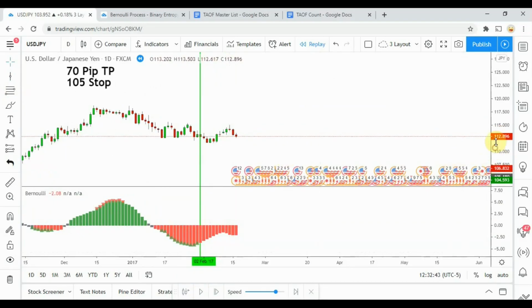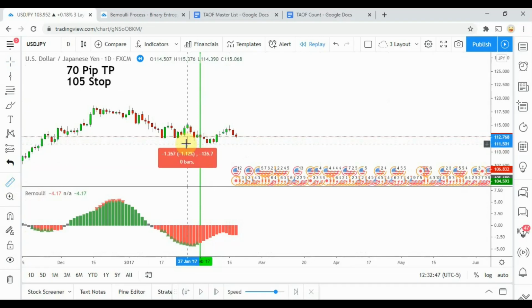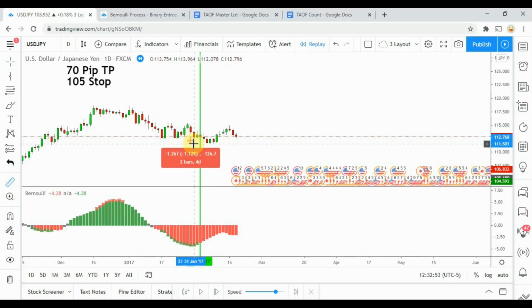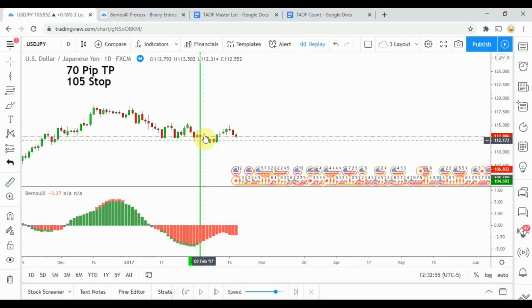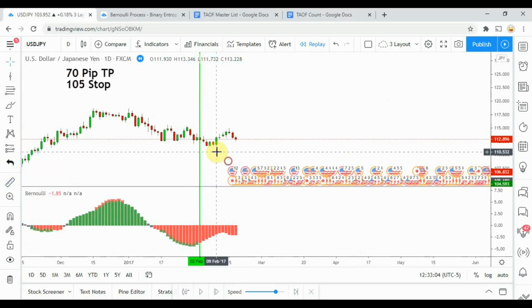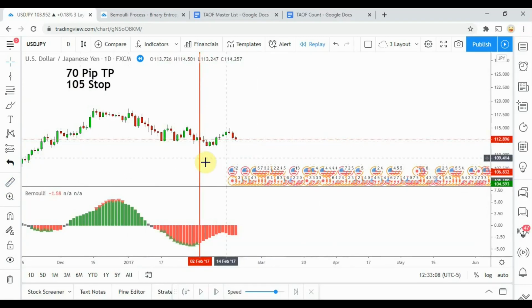We get a small drop to the downside here. It did end up going up, but unfortunately it came down and just ever so slightly stopped us out, about 20 pips underneath our stop, so that would have been a stop there.